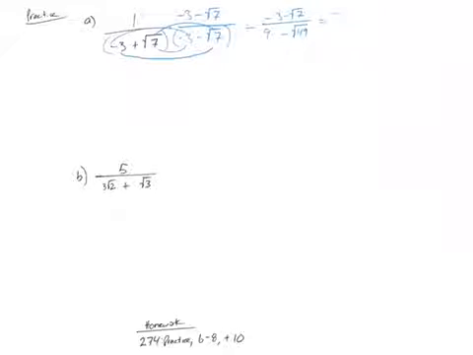So it's going to be -3 minus the square root of 7 over 9 minus 7. So it's going to be -3 minus the square root of 7 over 9 minus 7 is 2. One more for good measure here.